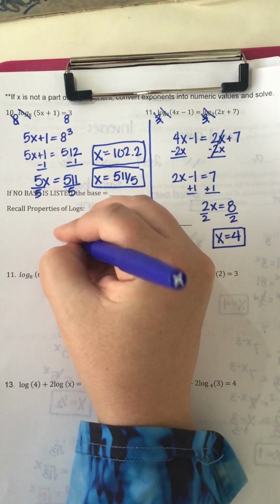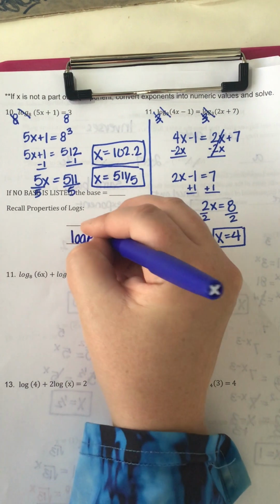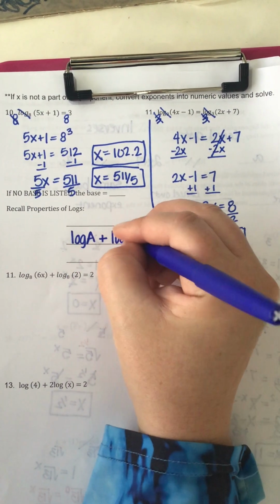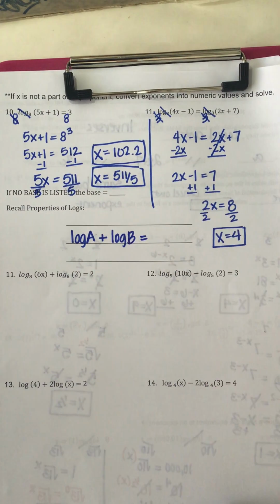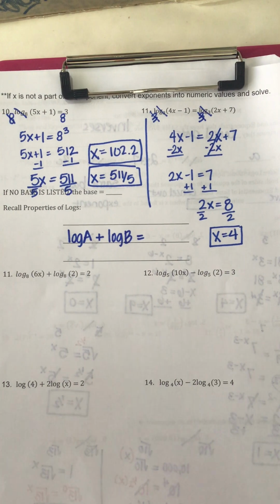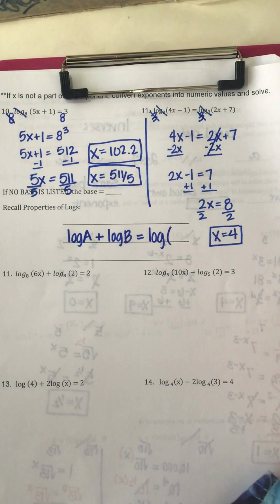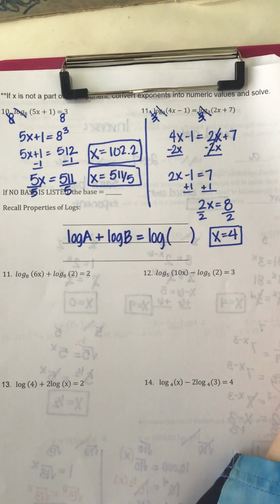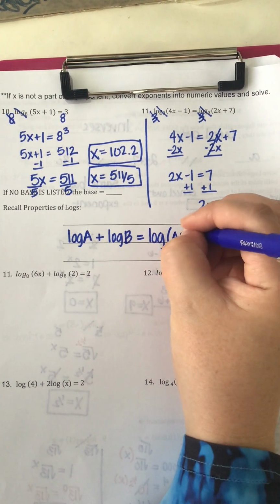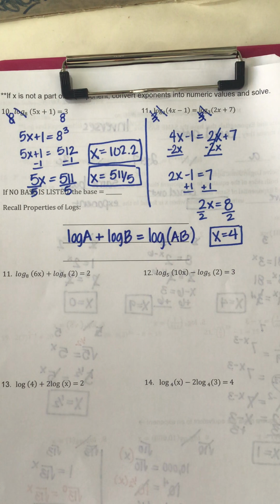If I have a log A added to a log B, we learned last class on Thursday that you can combine those into the same log if you do what operation with A and B? Do you remember? Oh, it is multiplication. Good job. So I can take those two separate logs and combine them into the same log using multiplication.